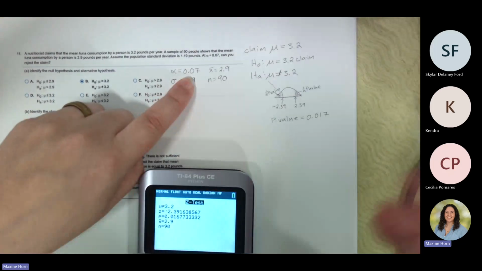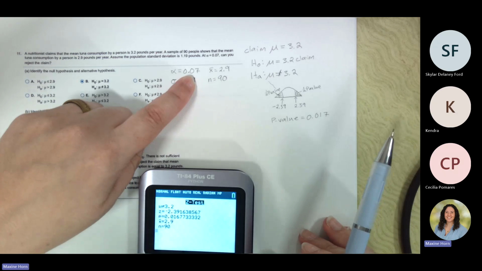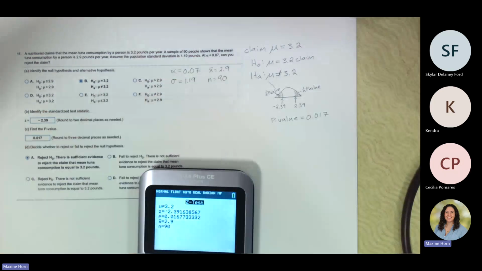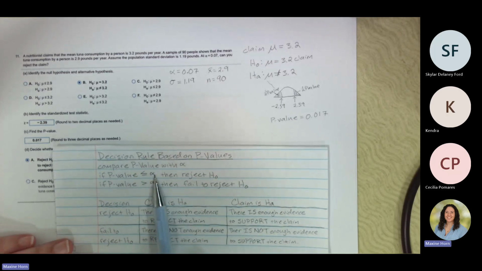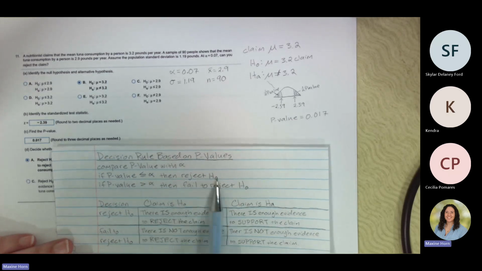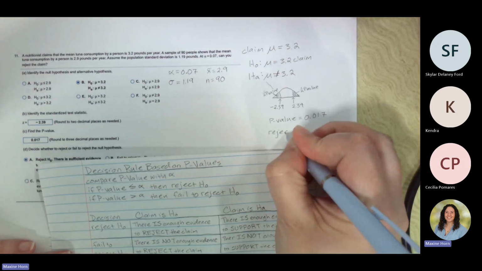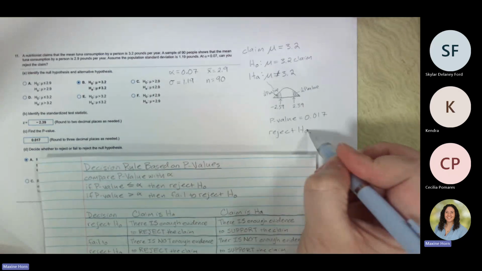Let's remind ourselves what our level of significance is: 7%. So our p-value is less than our level of significance. What happens when our p-value is less than or equal to our alpha? We're going to reject the null hypothesis. So I'm going to write that down: I reject the null.